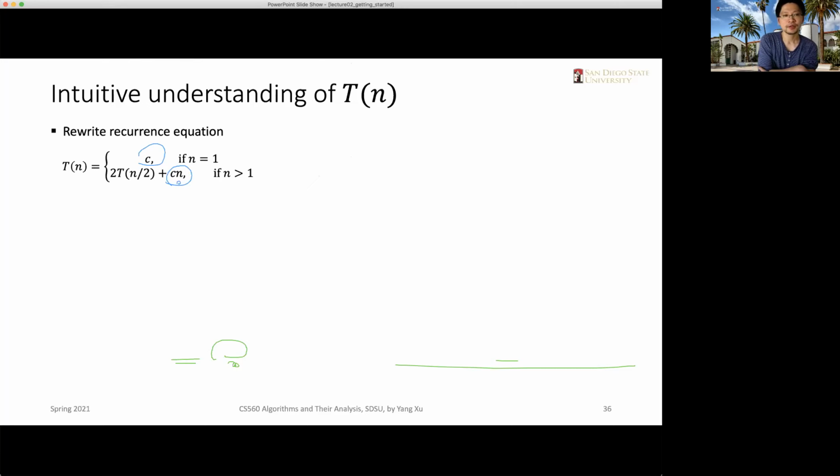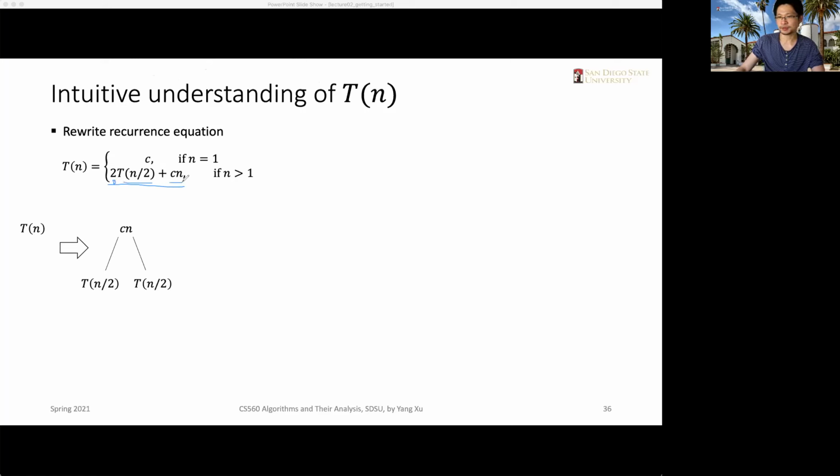All right. So now let's use an intuitive way to understand what T of n looks like, by plotting some trees. This is a recurrence tree plot. First time we see one here. If we look at the equation here, there are 3 parts actually. There's 2 times T of n/2 and c times n.